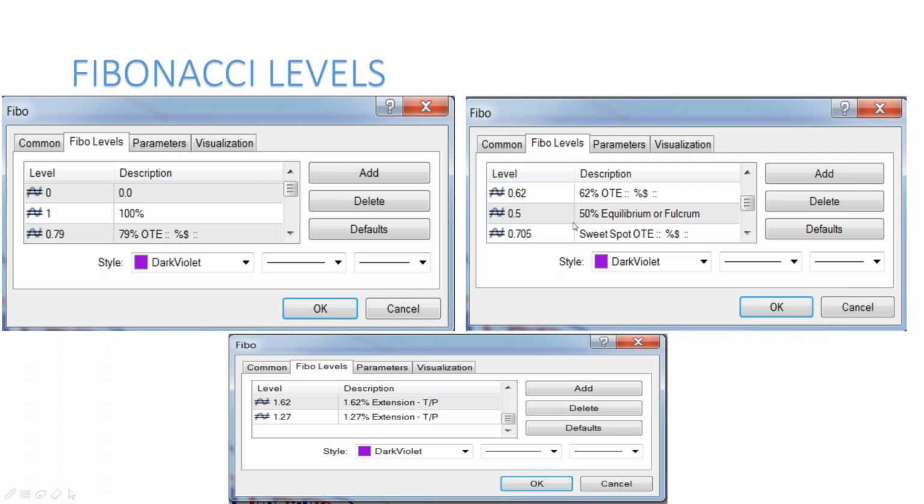I find that those are some great areas. 62% is also good. I use the equilibrium or fulcrum 50% to plot my range bound trading, and then I use my extensions as well to plot out possible take profits.